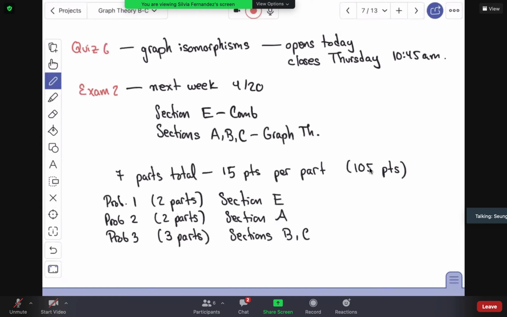That's why I asked you last class if the exam problems could look somewhat similar to the problems in the textbook, because that's the only thing we can actually refer back to, I think.